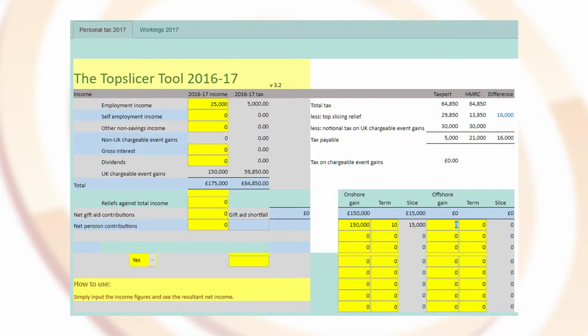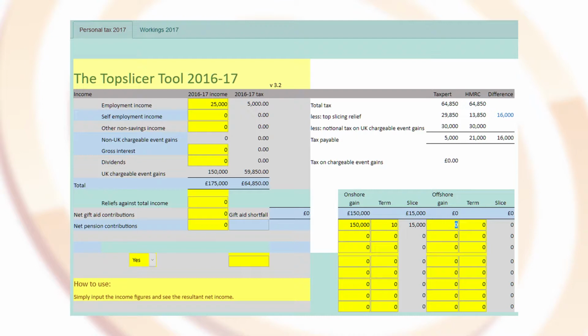So we've got 25,000 of other income and a £150,000 chargeable event, and the chargeable event certificate will have been issued by the life company. Now, as you can tell, the 25 plus the 150, because the chargeable event gain is savings income, takes us to total income of 175,000, and so you would not qualify for any personal allowance.